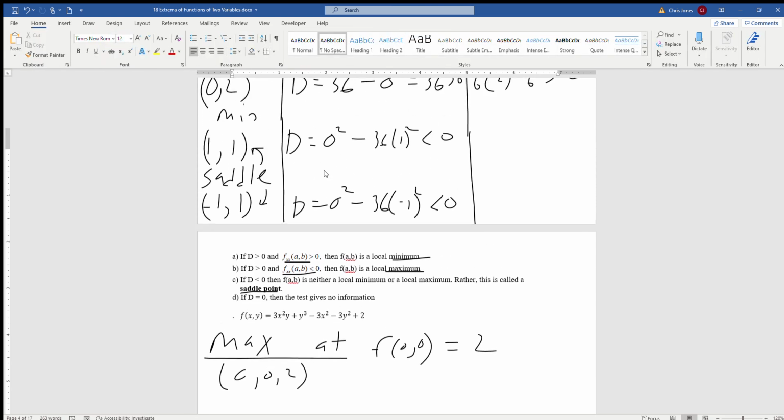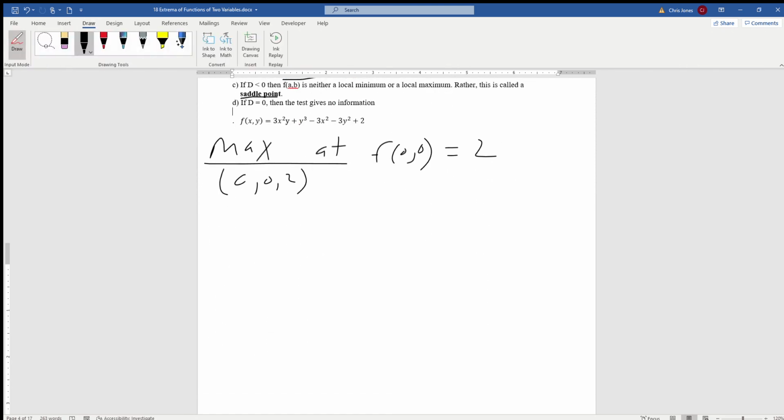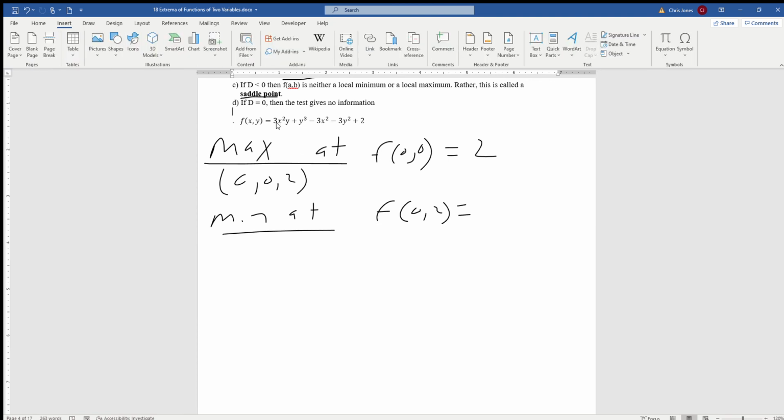Remember, there was a min at the point 0, 2. So we're going to say there's a min at, now this one's a little bit sneakier, so that goes away, this goes away, so we have 8 plus 2 is 10, and then 10 minus 12 should be negative 2.